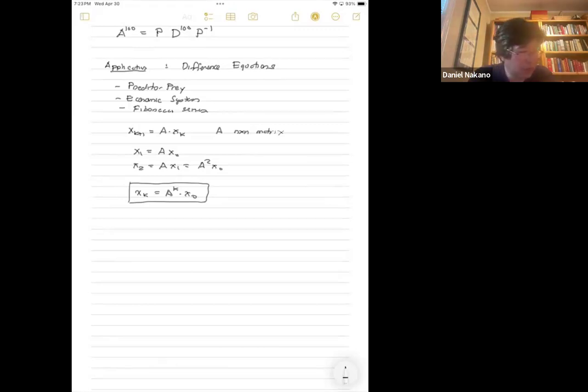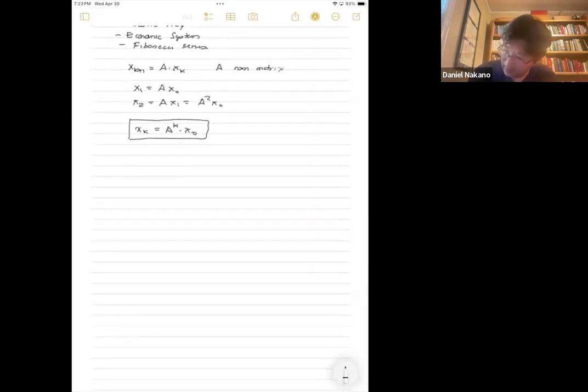We actually found a formula for this, and it was given as follows. Let's say A is diagonalizable, and lambda 1 up to lambda n are the eigenvalues, with corresponding eigenvectors.